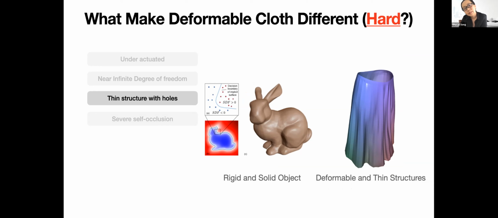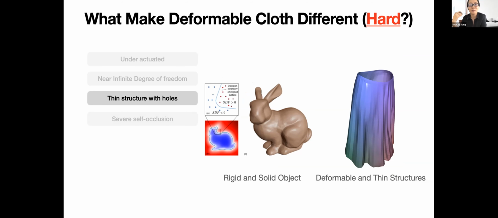The third is more specific to their geometry. Objects like cloths or garments often consist of very thin 3D geometries that are not watertight. These unique geometric properties make them ill-suited for typical 3D shape representations designed for solid objects, such as occupancy grids or signed distance functions.